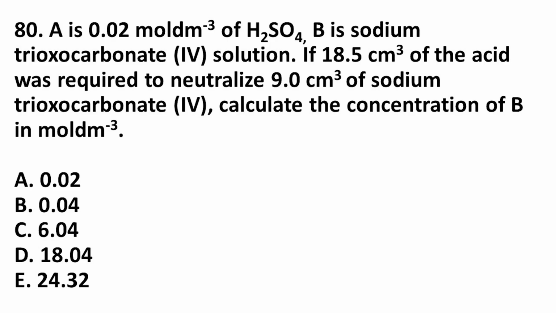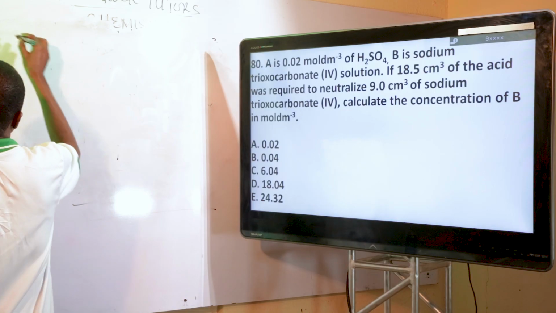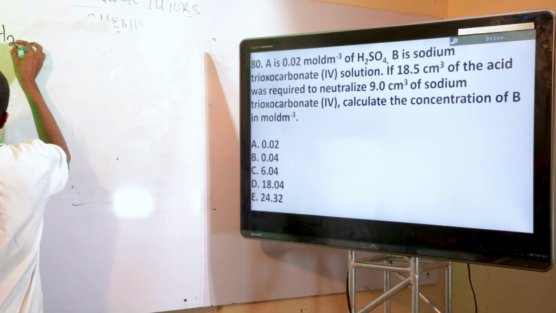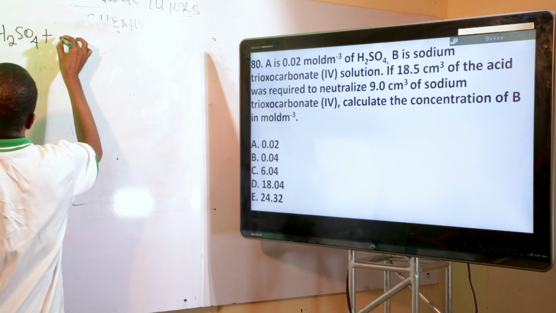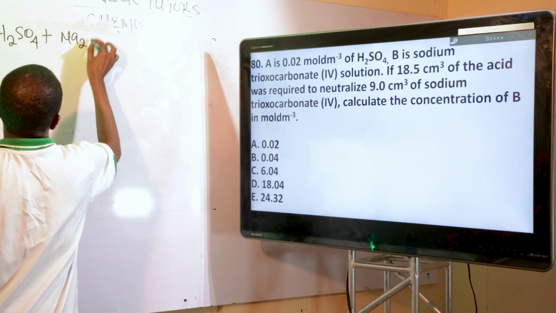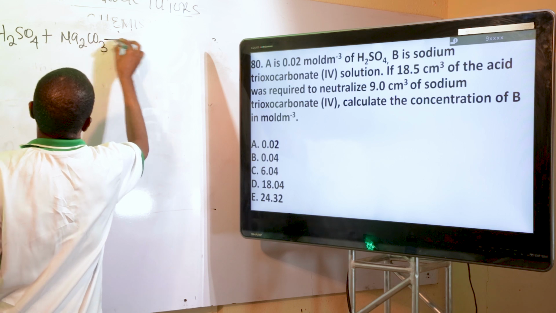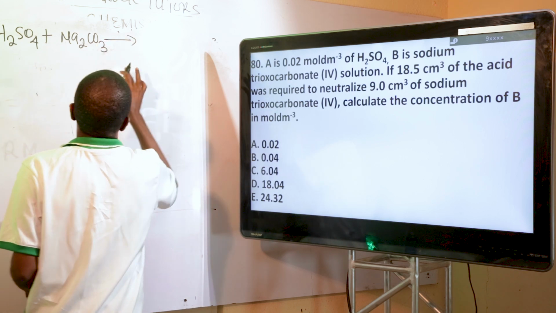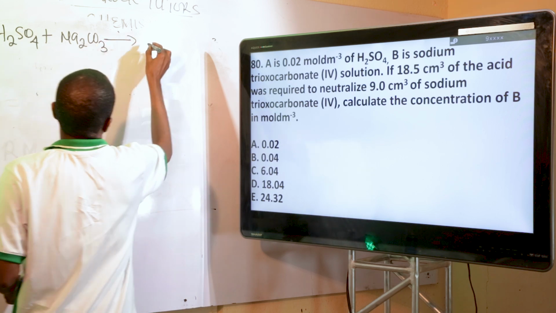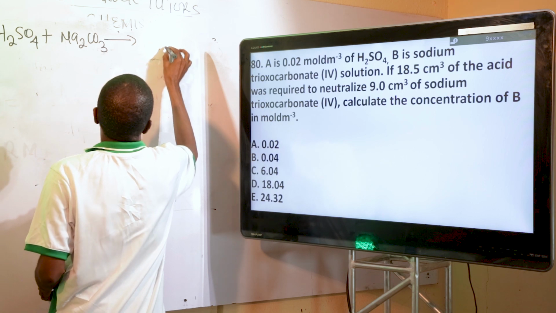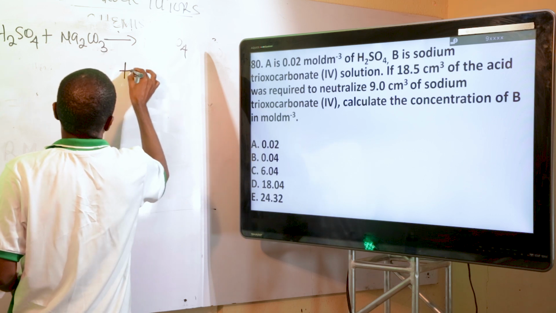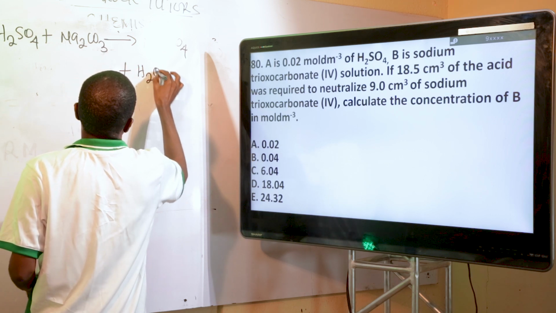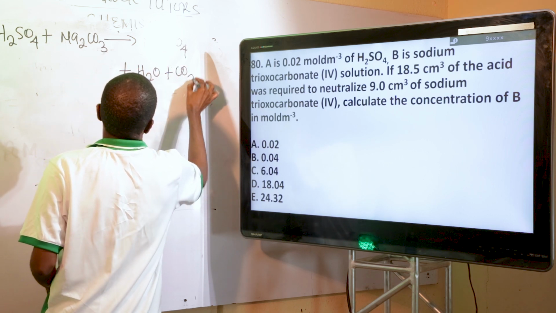The very first thing we need to do is to write a balanced equation for it. H2SO4 plus Na2CO3. That will give us, let's write the product here, Na2SO4 plus H2O plus CO2.